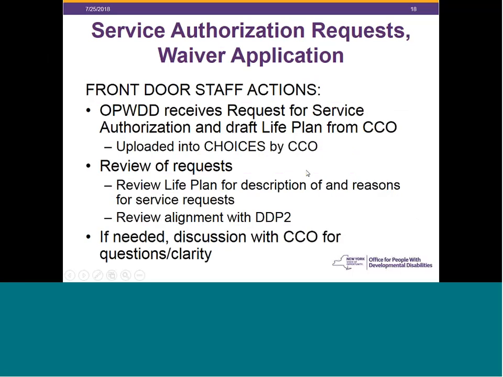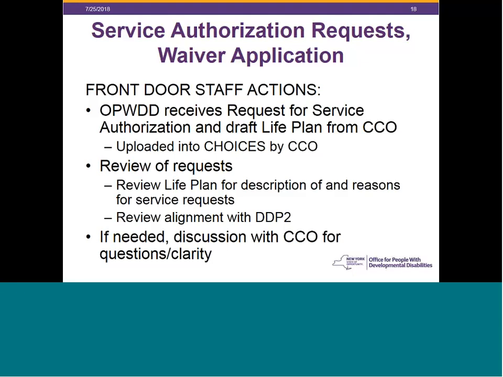All right, so again, we've referenced this already. The front door looks at the request for service authorization, compares it to the information in the draft life plan, which has been uploaded into choices by the CCO worker. And the life plan, again, has a description of and reasons for the service request.